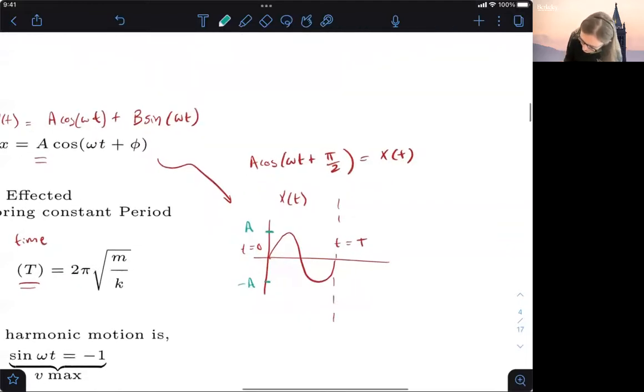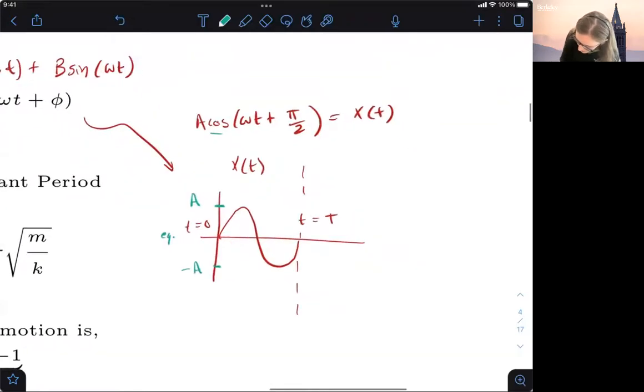If I have a spring, the center point would be my equilibrium point. So I'm oscillating up and down through my amplitude around an equilibrium point, and my amplitude is the displacement of the object originally. Then the spring constant pulls it back and forth. That's the oscillation. If I have an expression that's a cosine function, that means at 0, my cosine function would equal A, so this graph would be slightly different.